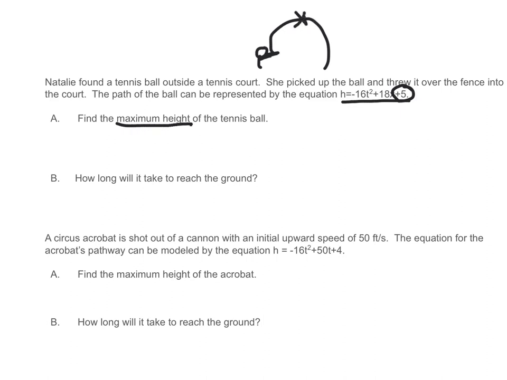So that here is your highest point, right? Remember that if this is on X and Y, this would be your maximum height here. So your Y coordinate of your vertex is your maximum height. So we need to find our vertex.